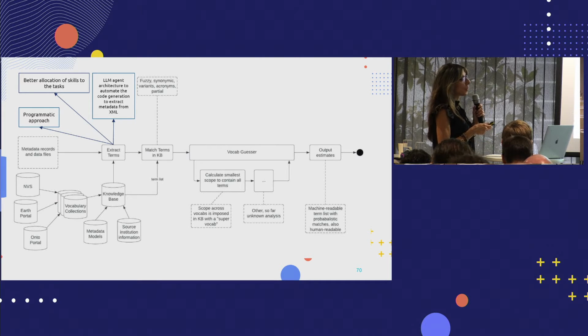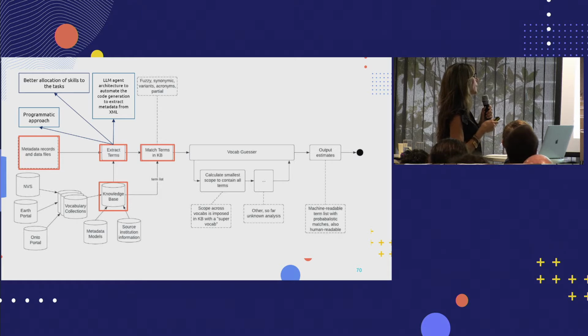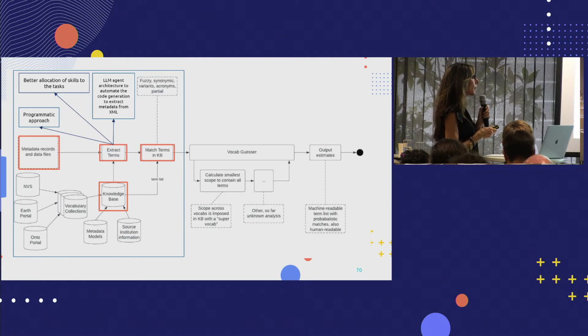The design of the semantic analyzer is that it accepts metadata records and data files. Currently, it programmatically extracts terms, and it matches them with a knowledge base that includes vocabularies, ontologies, and semantic artifacts that come from various sources, but also metadata models.